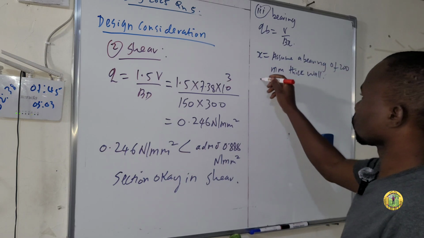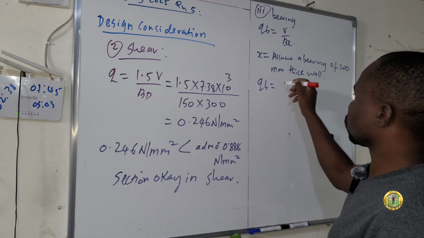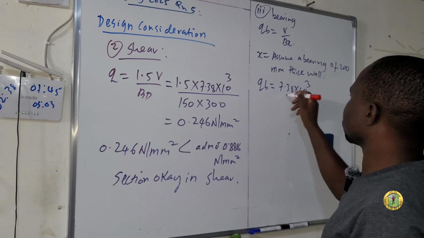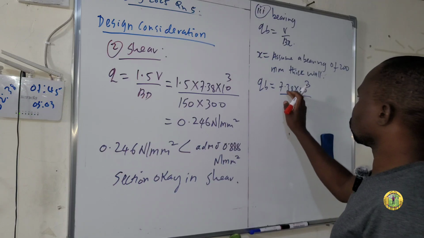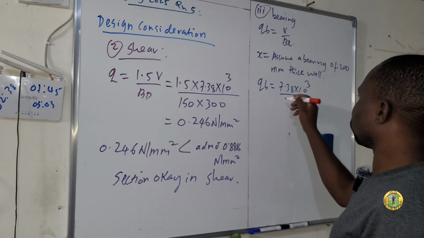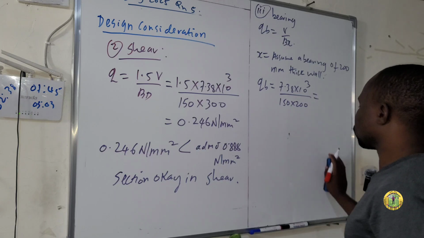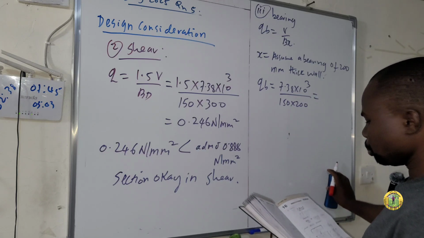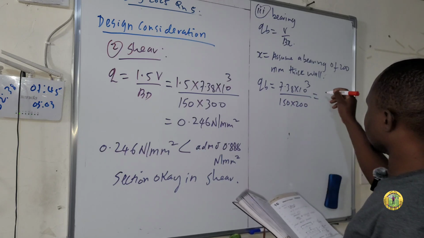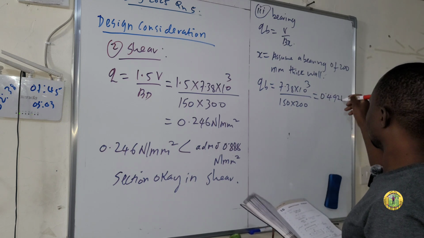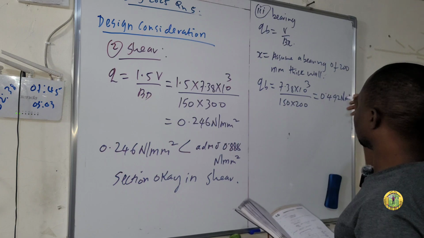Therefore, it is equal to 7.38 times 10 to the power of 3, changed from kilonewton to Newton, over B, which is 150, times 200. So this one is equal to 0.492 Newton per millimeter square.